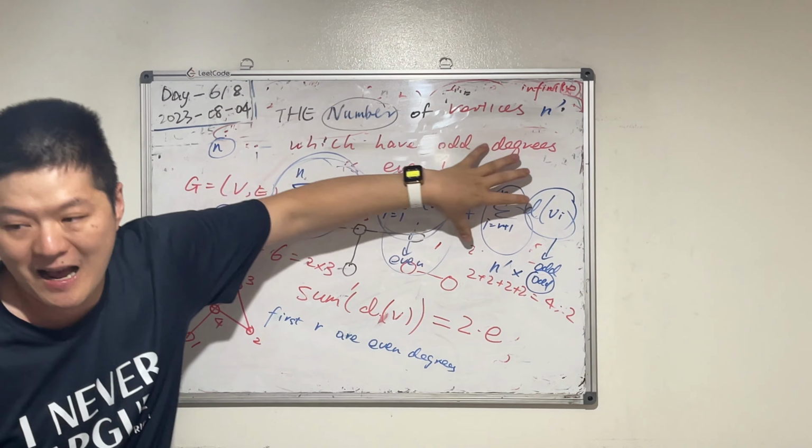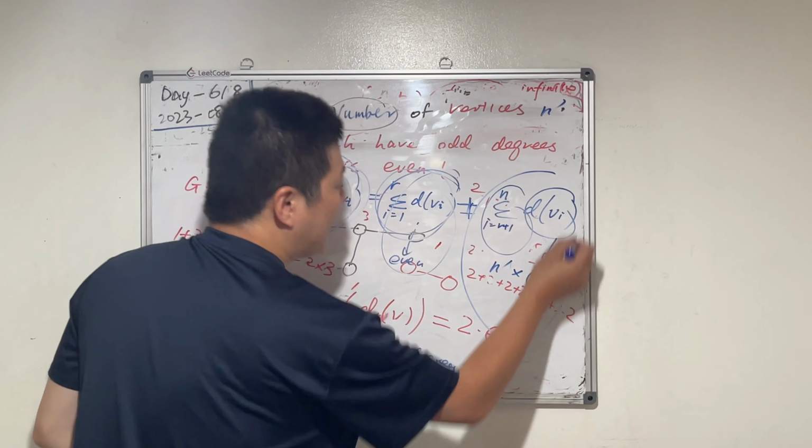So is this an even number or odd number? Even, yes, it's even. It can't be odd, right? Why? Because this is an even number equals an even number plus this one, so this must be an even number.